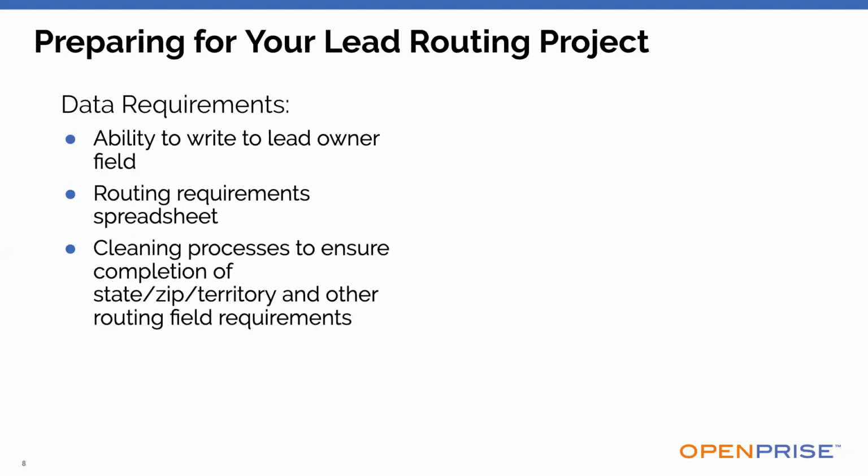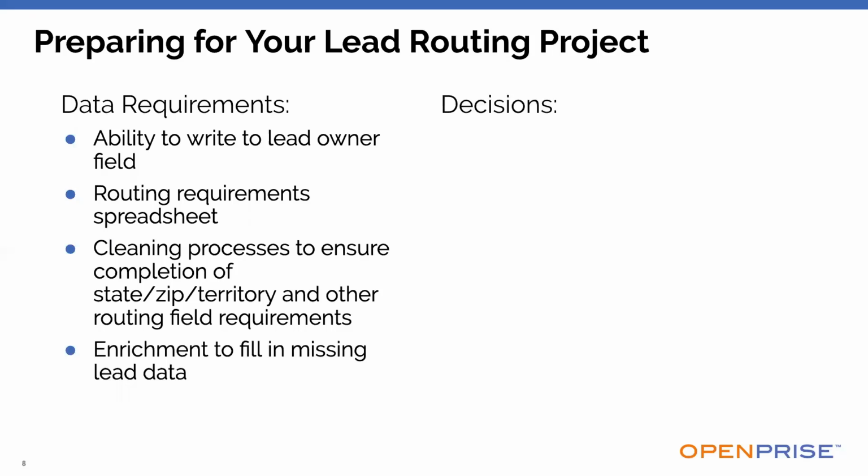Because routing depends on specific data, you'll need cleaning and normalization jobs in Openprise to ensure your data is in the appropriate formats before you route leads. And finally, if you're missing data that you need to route leads properly, you'll want enrichment from one or more vendors to complete the records for the fields you need. Don't forget to normalize this data as well so your routing works correctly.